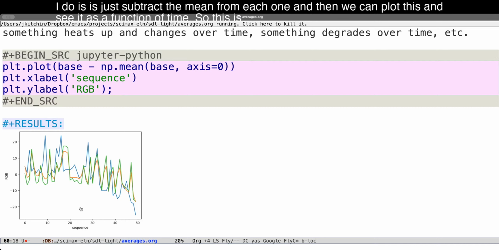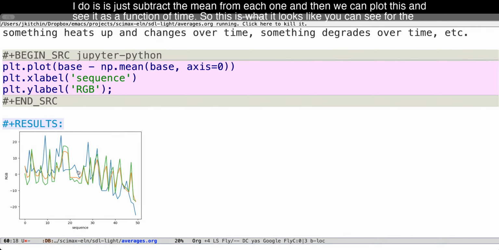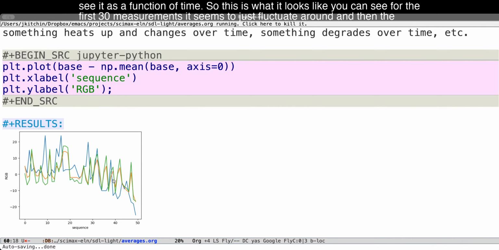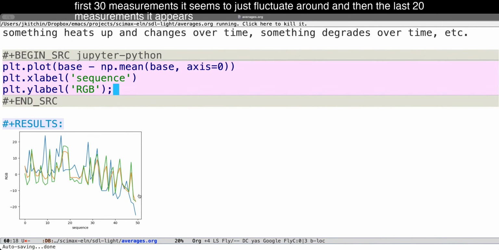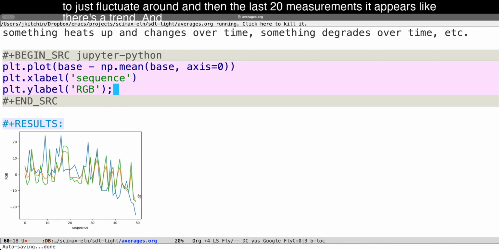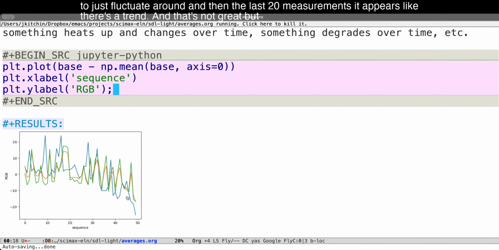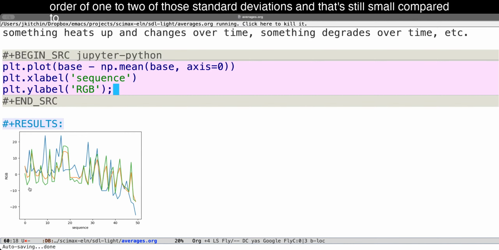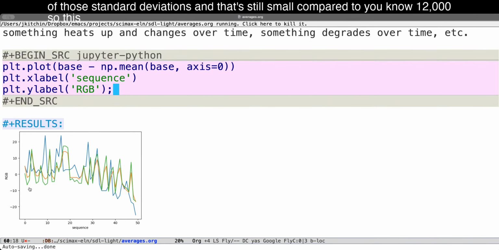This is what it looks like. For the first 30 measurements, it seems to just fluctuate around, and then for the last 20 measurements, it appears like there's a trend. That's not great, but the scale of this is still on the order of 1 to 2 standard deviations, and that's still small compared to 12,000.